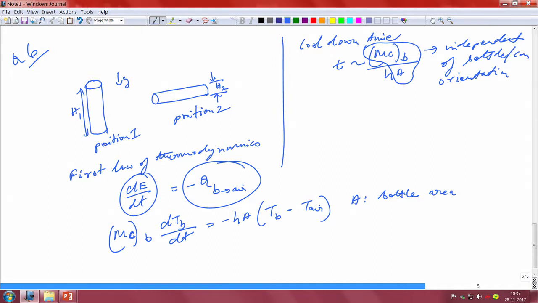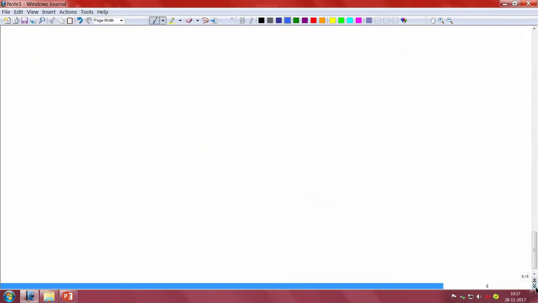So, the T1 by T2 is basically a ratio of h2 by h1, right. That is the conclusion. In general, that will be the conclusion. Now, what will be this h1 and what will be this h2, right. So, 1 by h is 1 by h_b, that is the bottle side, okay, plus 1 by h_air, this is the air side.